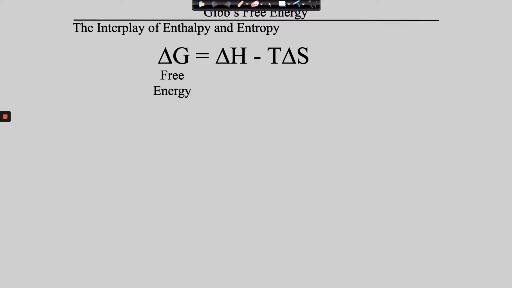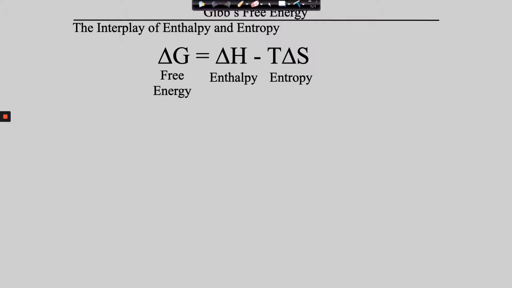So if that number, delta G, is negative, this reaction is spontaneous. Now we've got to include the words tends to. What delta H values tend to be spontaneous? Negative. So this is our enthalpy term, and negative enthalpy changes tend to be spontaneous.